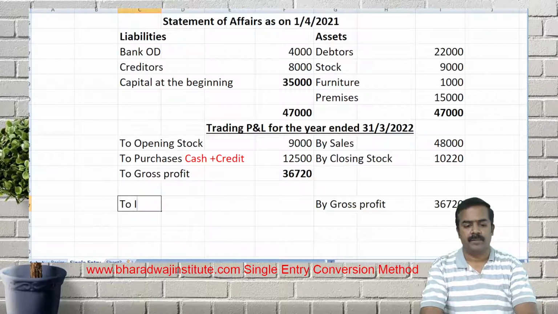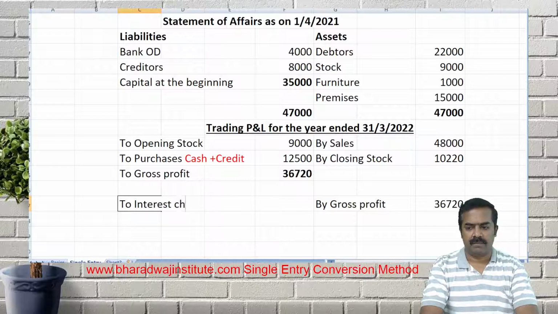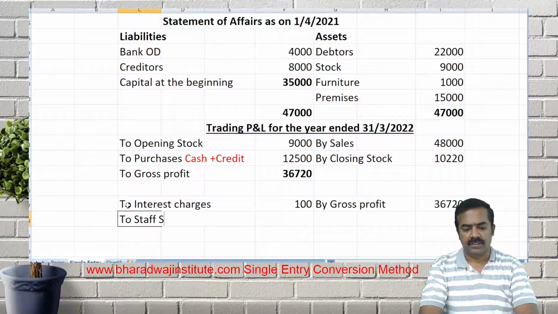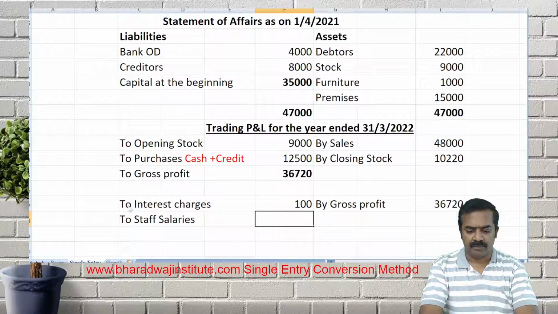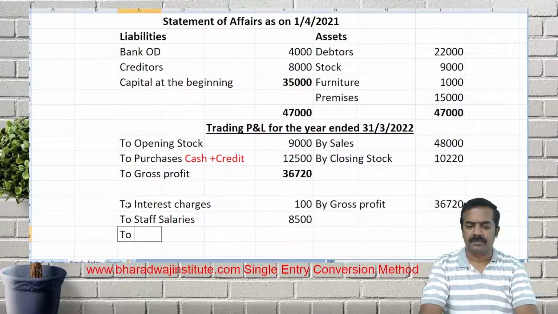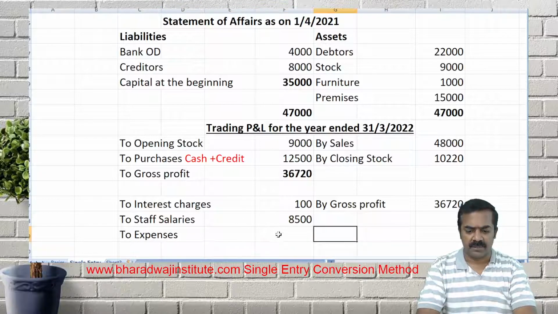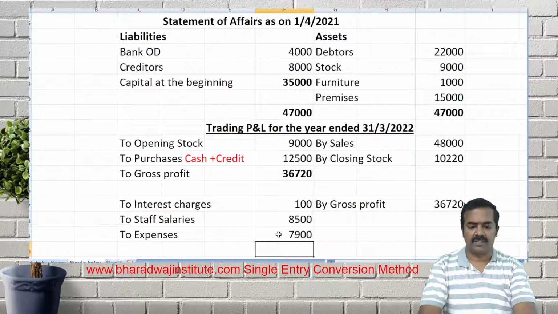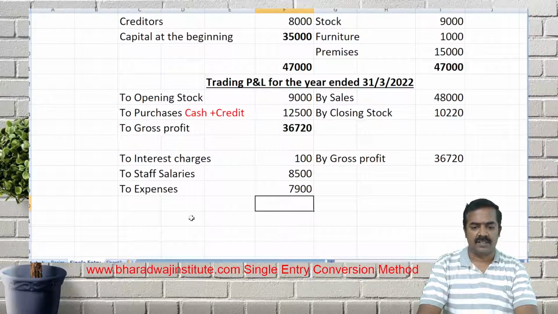To interest charges. Interest charges how much? 100. Then staff salaries 8,500. Sundry expenses, no outstanding amounts, right? Sundry business expenses, how much? 7,900.